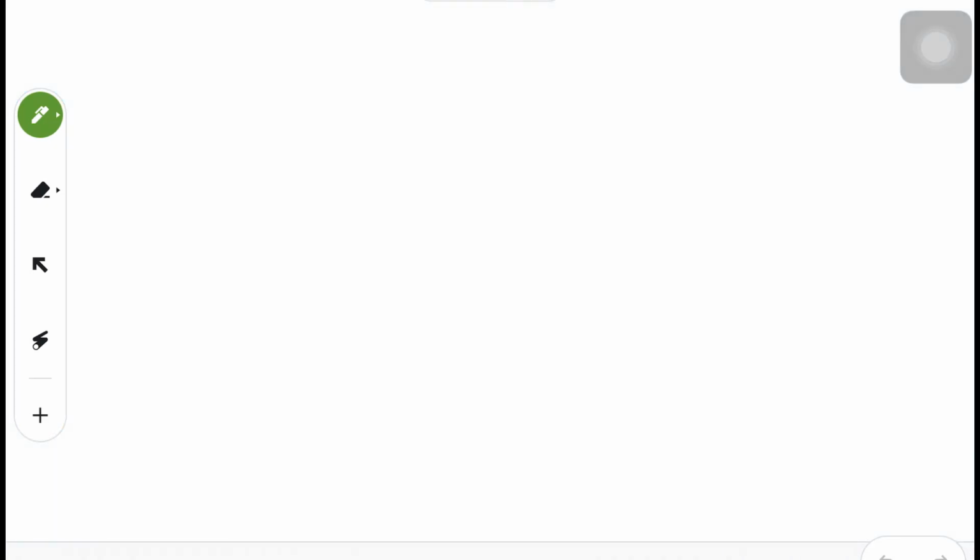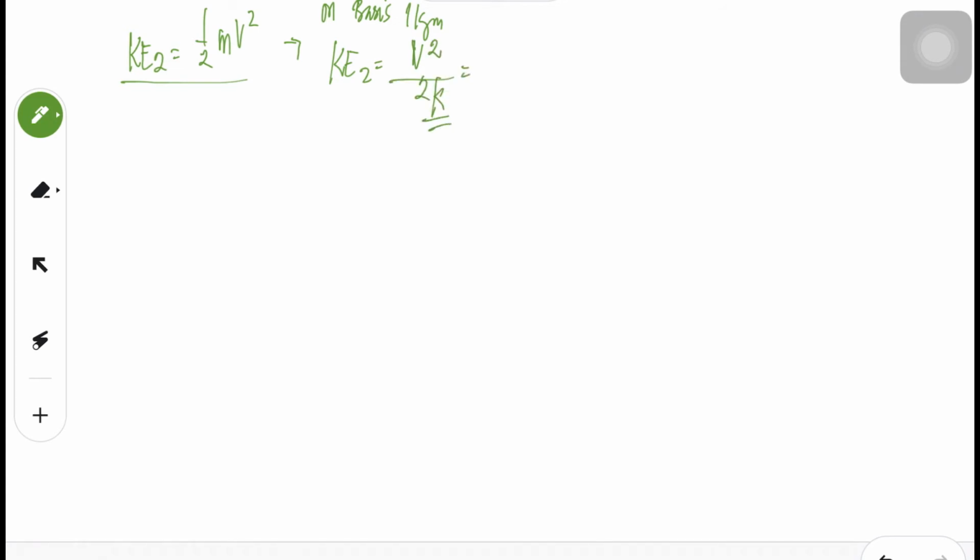Also in point 2, kinetic energy at point 2. We all know what have mv squared, but since on the basis of 1 kilogram mass, kinetic energy at point 2 is equal to v squared over 2 times the k constant.